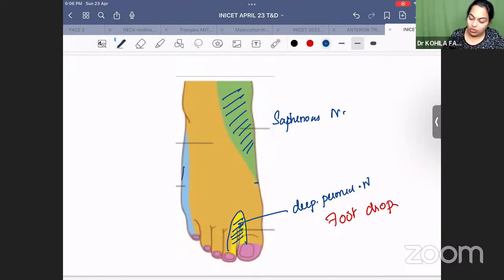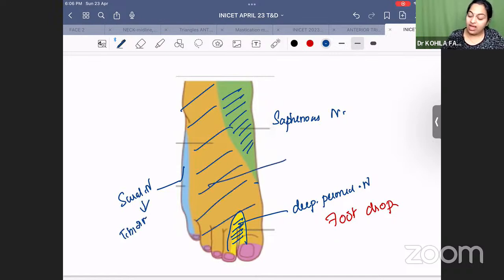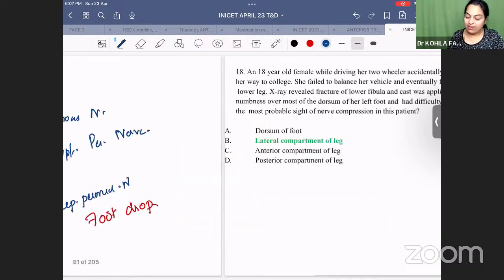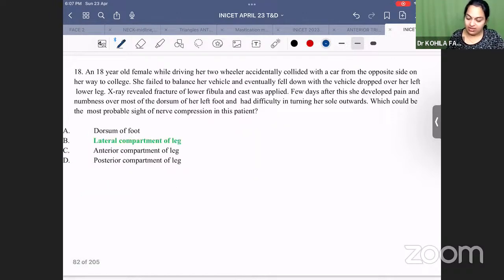And this blue area on the lateral border, that's the sural nerve. It's again a branch of the tibial nerve, right? And most of the dorsum of the foot, the entire thing, is going to be supplied by the superficial peroneal nerve. Got it? So, lateral compartment of the leg. Done. Okay.